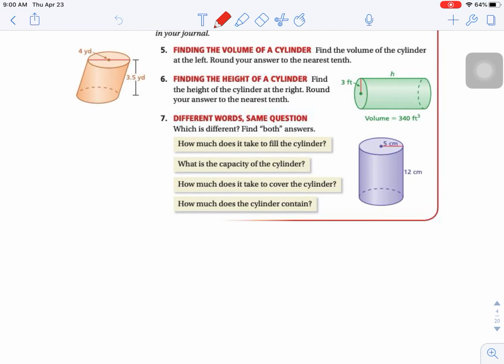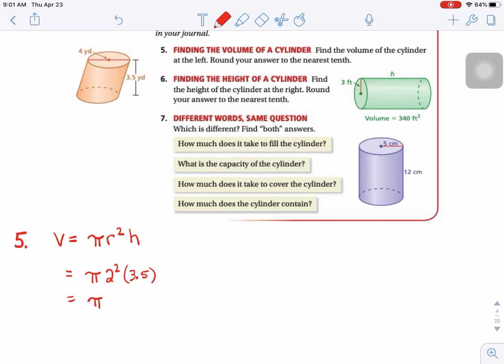So if I was looking at question 5, I know my volume formula is my area of the base, which is a circle, so pi r squared times h. If I plug in my pieces, they showed me that the diameter was 4, so I know that my radius is 2, and my height was 3.5.